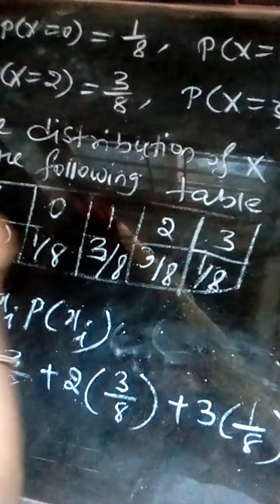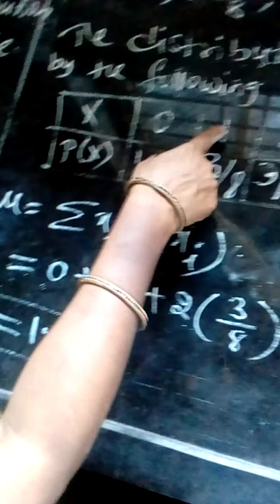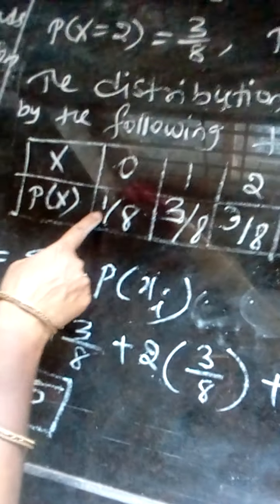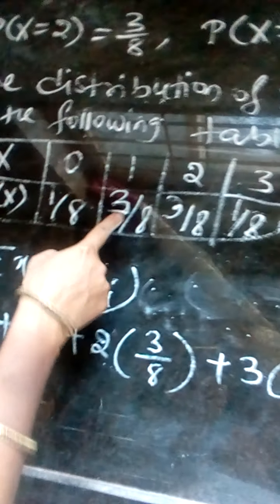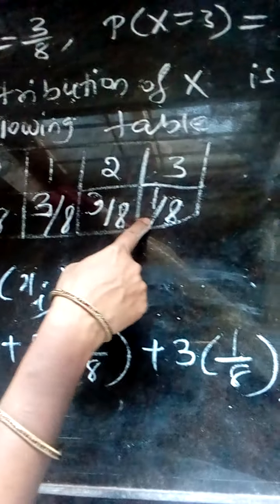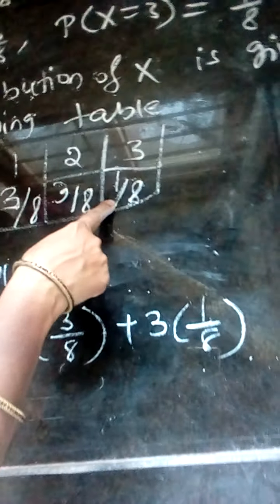So we know the values of x are 0, 1, 2, 3, and their probability values, so we construct the table. The values of x are 0, 1, 2, 3, and p of x values are 1 by 8, 3 by 8, 3 by 8, 1 by 8. Next we calculate the mean.